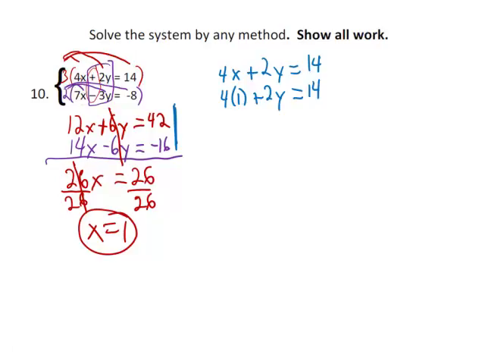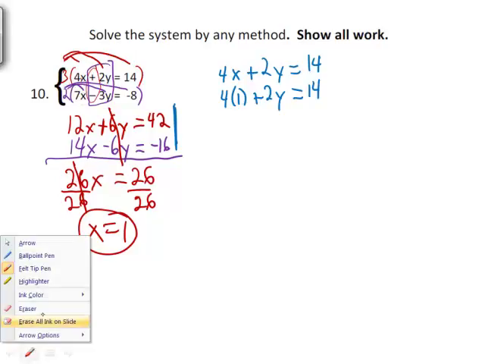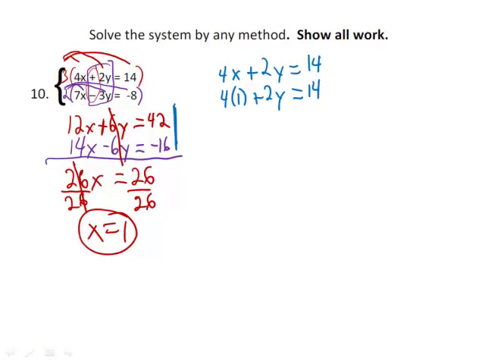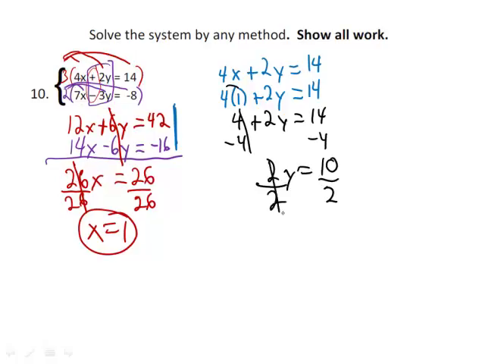Okay, 4 times 1 is 4 plus 2y equals 14. Subtract 4. 2y equals 10. Divide by 2. Y equals 5.